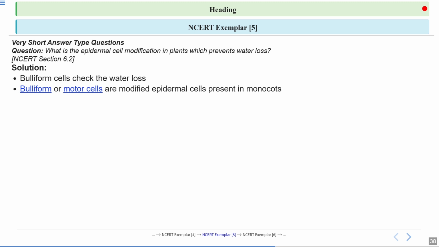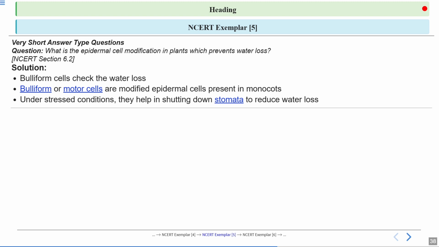They are present on the surface of the epidermis. And under stressed condition, they help in shutting down stomata to reduce water loss. Right? When water is not available properly, at that time these bulliform cells become flaccid.